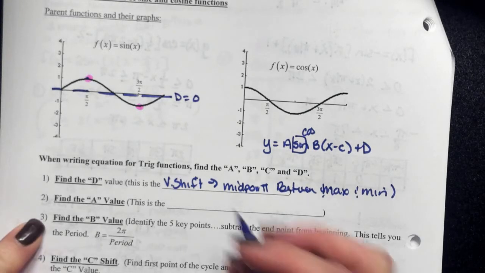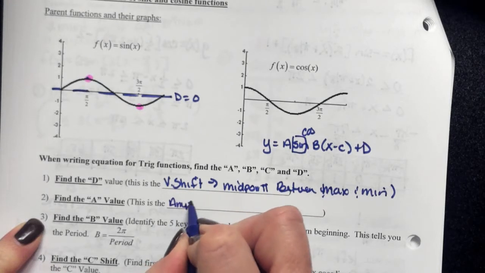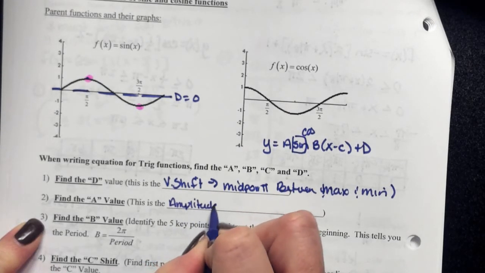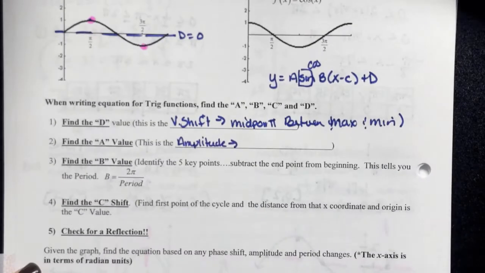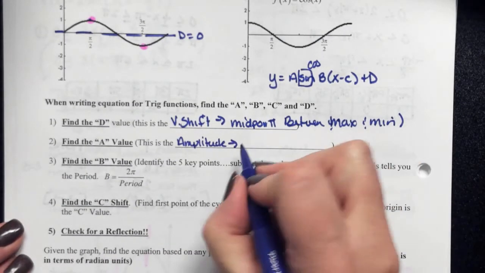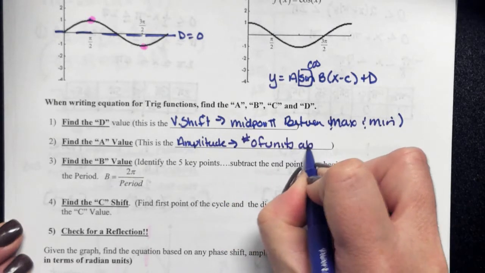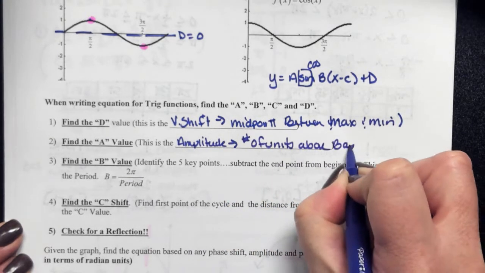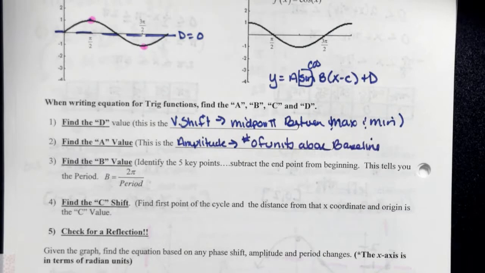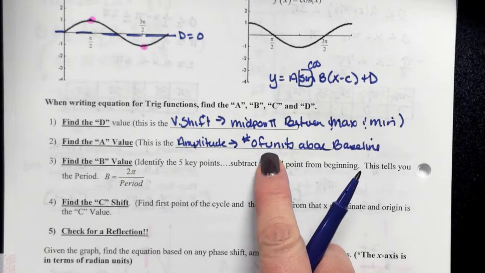The A value is your amplitude. The way you find your A value is you count the number of units above your baseline. You could also do below. So once you identify the D value, the vertical shift, you find your amplitude by counting the number of units above or below the baseline.